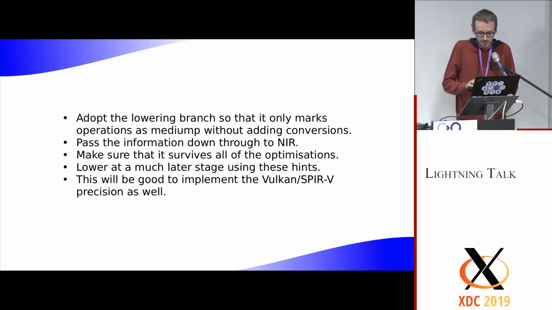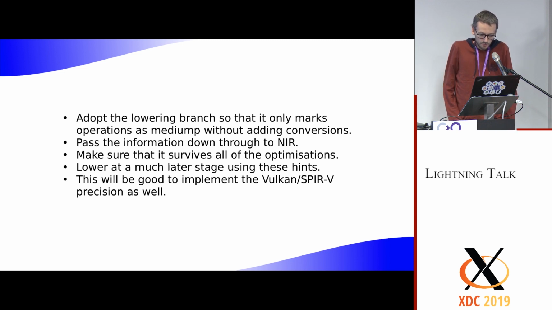Then we have to transmit this metadata all the way down through NIR and check that it survives all of the NIR optimizations. At the latest stage possible, you can use that information to generate float16 instructions. That should be able to generate much better code.